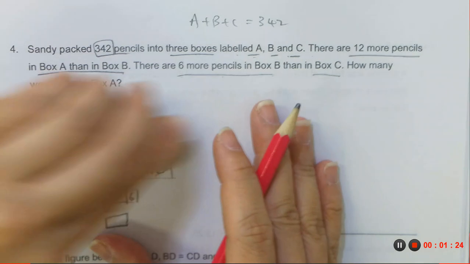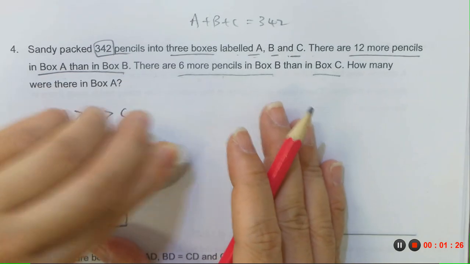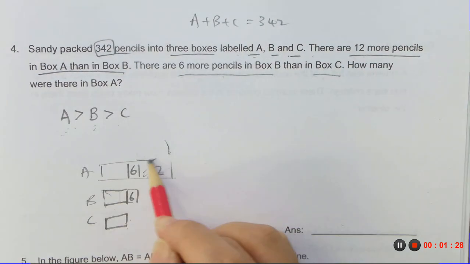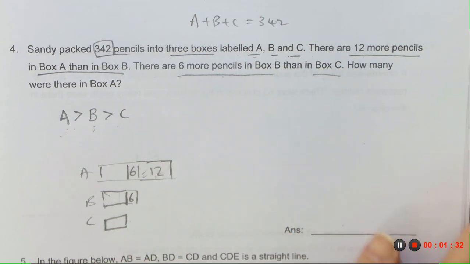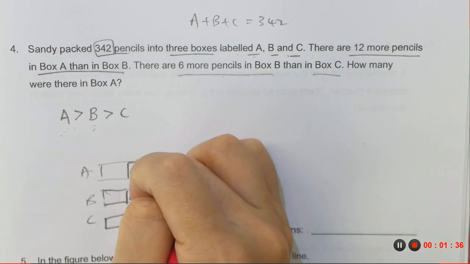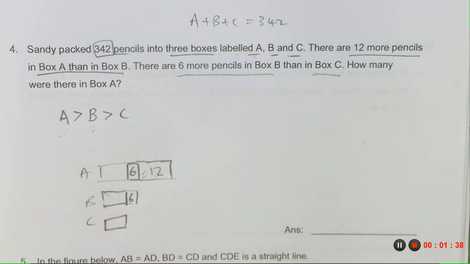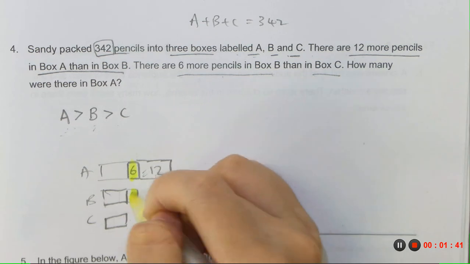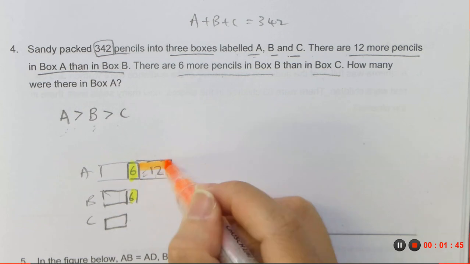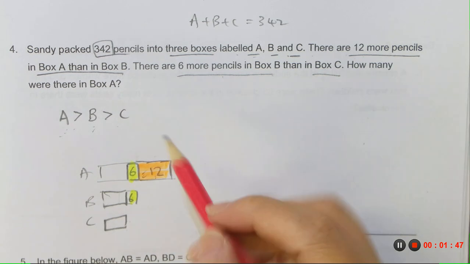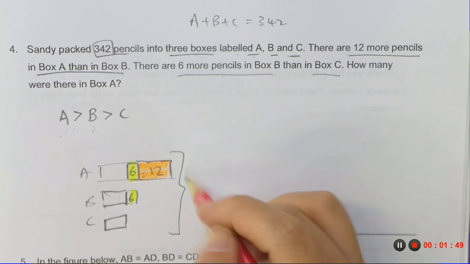Okay, A is longer than B by 12. B is longer than C by 6. So it means that A is longer than C by 18. And this whole thing add together is 342.